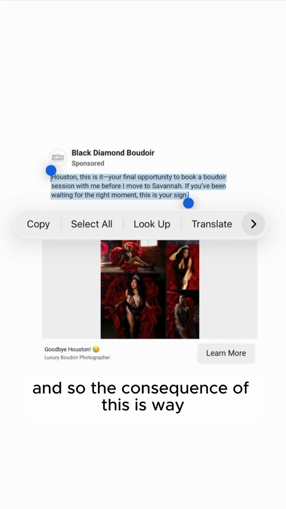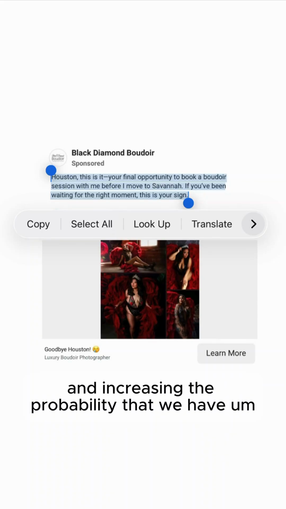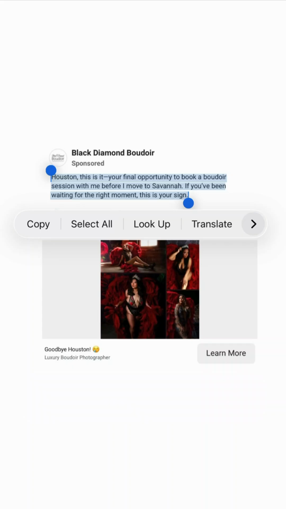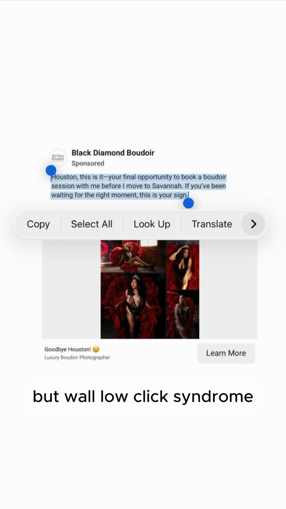And so the consequence of this is way more women scrolling by our ads than necessary, pulling our unique CTRL under 6% and increasing the probability that we have BLCS, Boudoir low click syndrome.